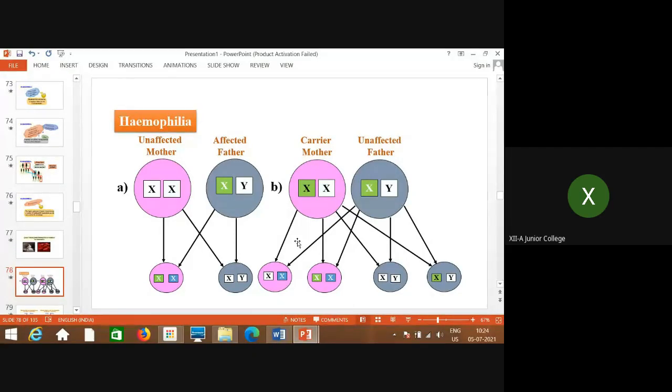That's why there is loss of blood from the body, and then it may result in the death of the person. The reason behind sickle cell anemia is different from hemophilia.